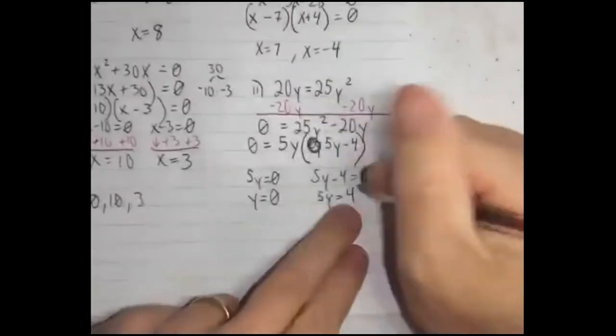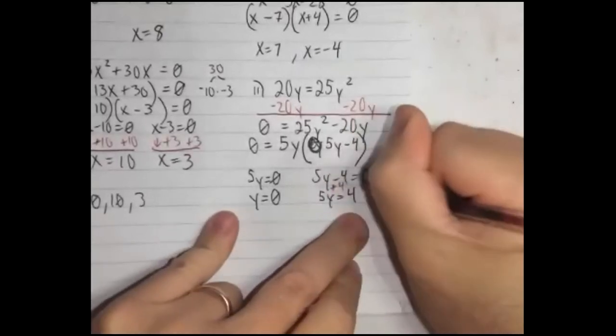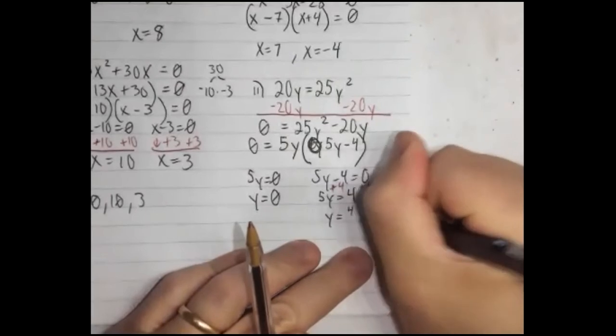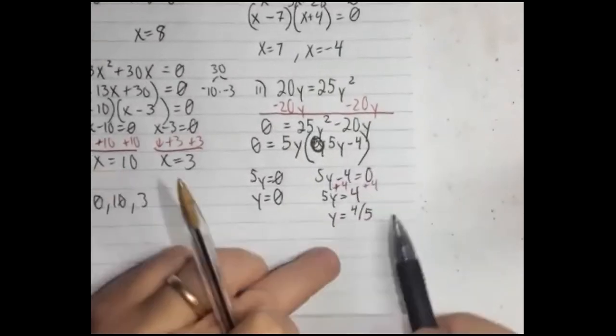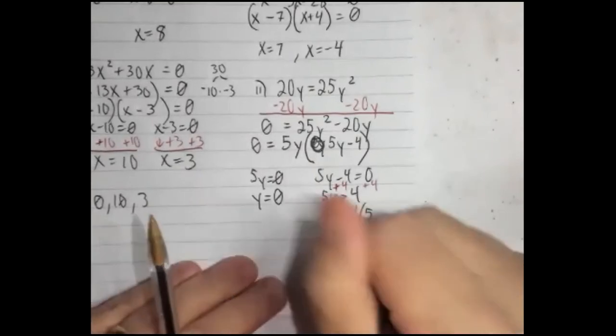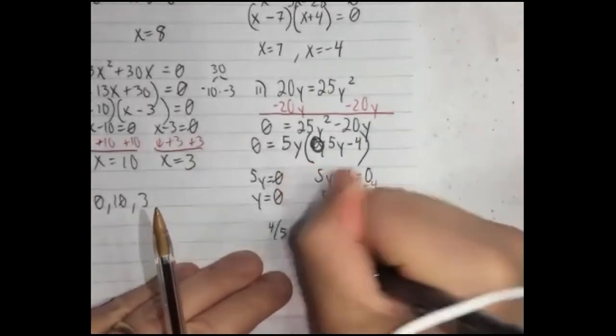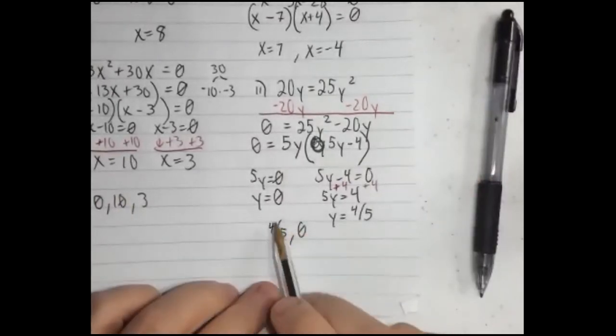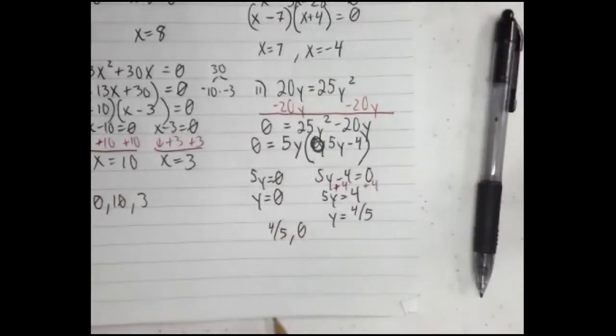I just skip the step. We're adding 4 to both sides. So on this one, we're going to get a fraction. You'll get fractions on these. Don't panic. Some of these will come out to fractions, and you just enter the fraction part first, or zero first, doesn't matter, but just make sure you enter it as a fraction there.